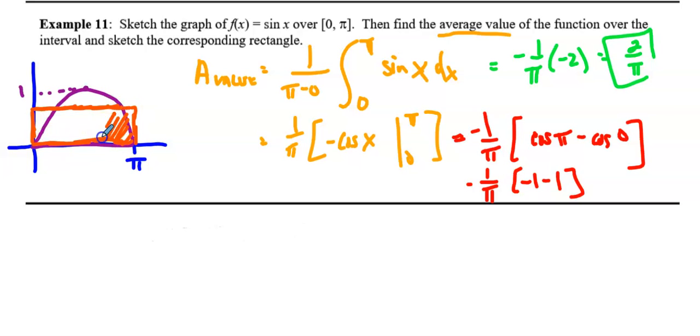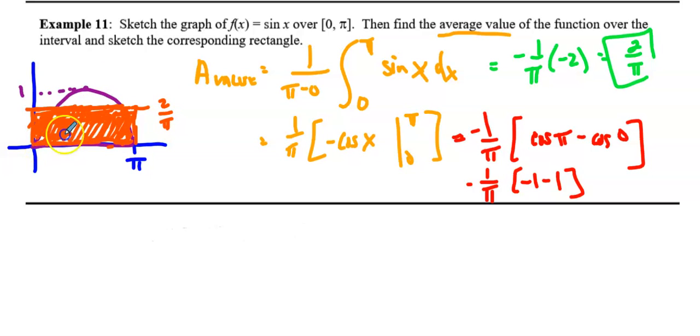So this is the corresponding rectangle that will give you the idea of what the average value is going to be. So that's going to be the height. So this height here, the distance from 0 to here, would be 2 over pi. So that's what you do for this question.